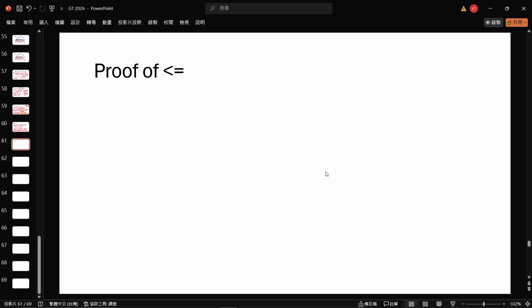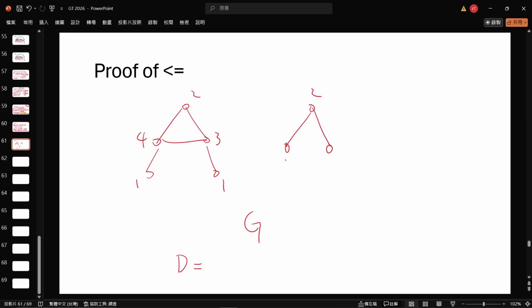Okay, so let me give you an example. This is G, which is not connected. What is the degree sequence here? D is 4, 3, 2, 2, 1, 1, 1, 1.